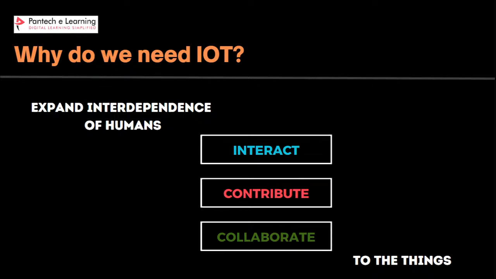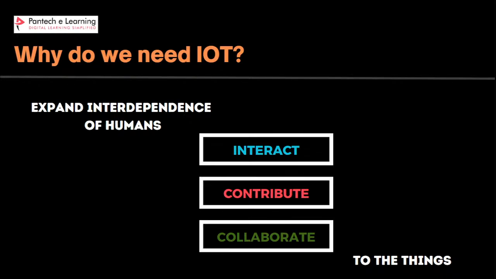We are all interdependent on each other for something or the other, right? If we expand this, to interact, collaborate and contribute with respect to the different things around us, then we would be building a proper Internet of Things environment. This would bring into existence a much safer, secure, effortless and time-saving environment. So that's why we need IoT.